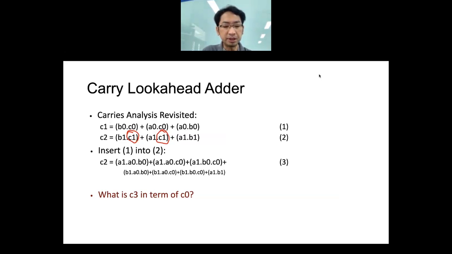So we put C1 here, all the terms into this and that, and we will get this one. And look at this equation. You can see that A1, A0, B0, all the terms here are inputs. So in this equation, we can calculate it immediately without waiting at all.